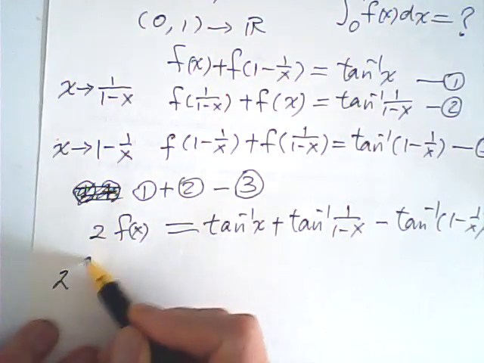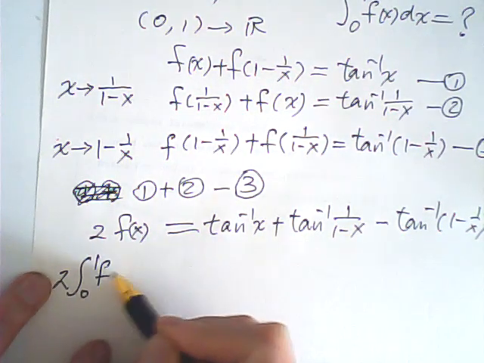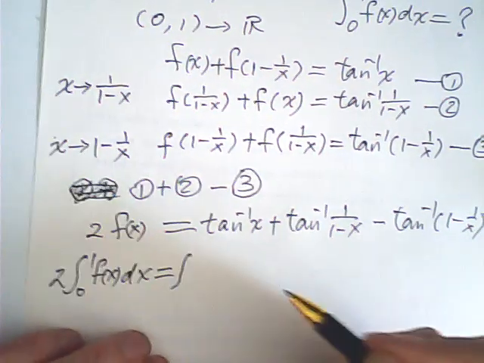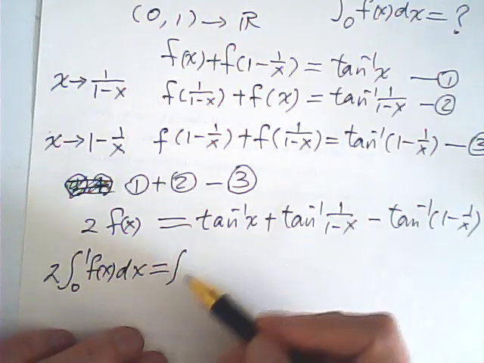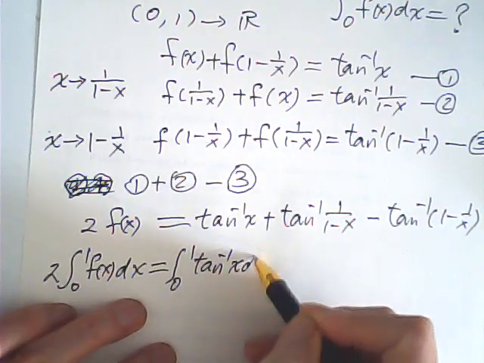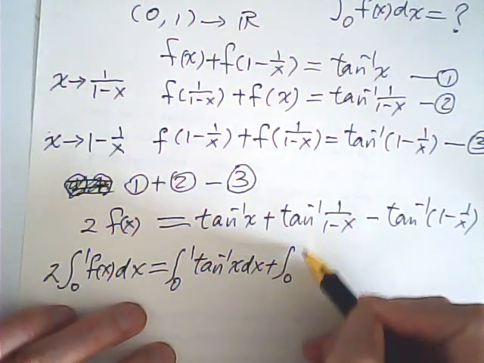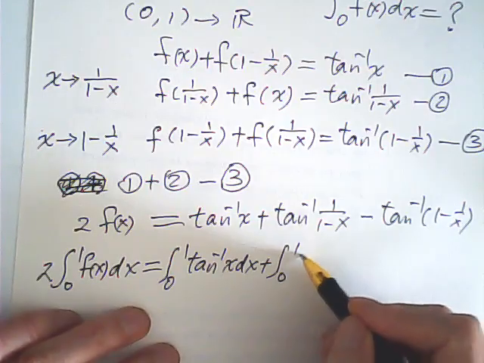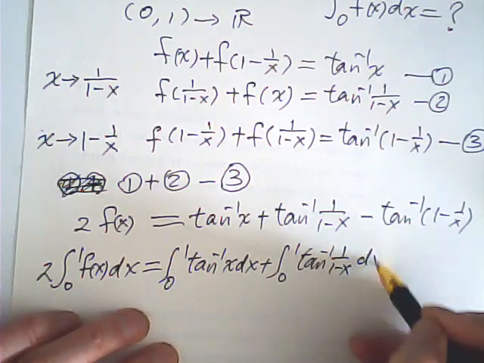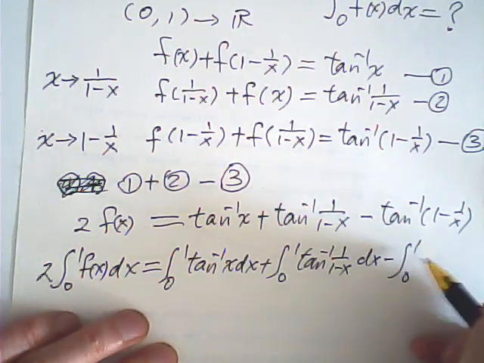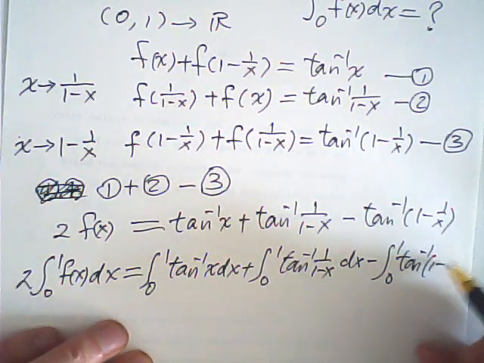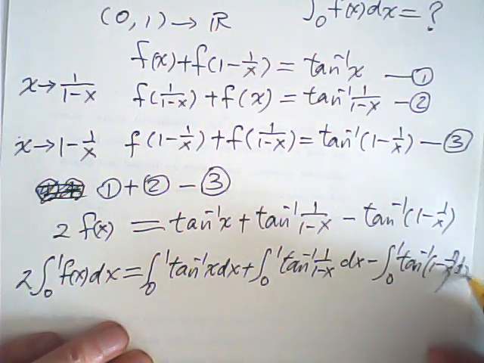Therefore, 2 times the integral from 0 to 1 of f of x dx is equal to the integral from 0 to 1 of arctangent x dx, plus the integral from 0 to 1 of arctangent of 1 over 1 minus x dx, minus the integral of arctangent of 1 minus 1 over x dx.